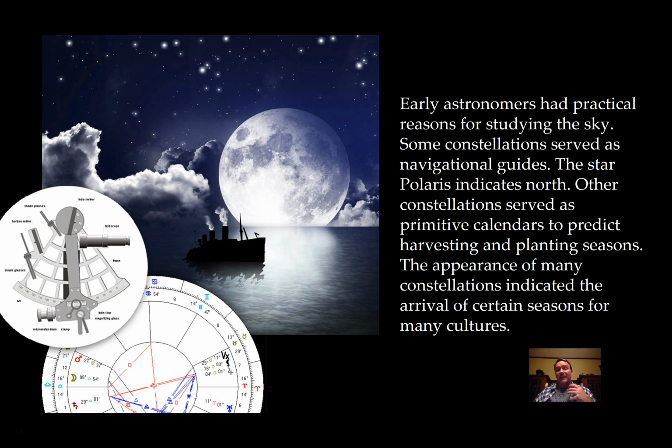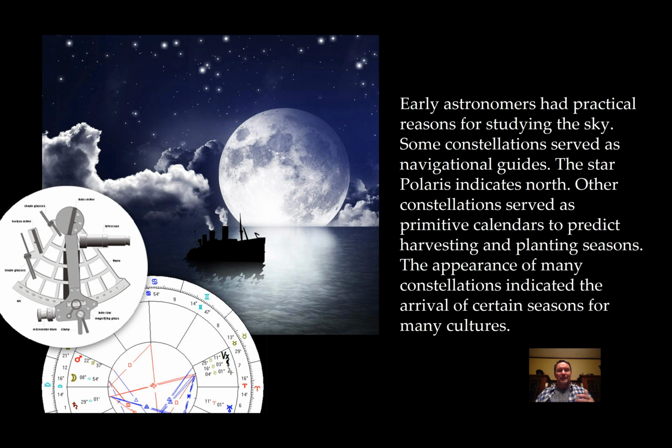Think of early navigation through the seas, out on the open ocean, and all of a sudden you're wondering, which way am I going? Well, if you can find the star Polaris, you automatically know that if I'm heading towards that star, then I'm traveling north.